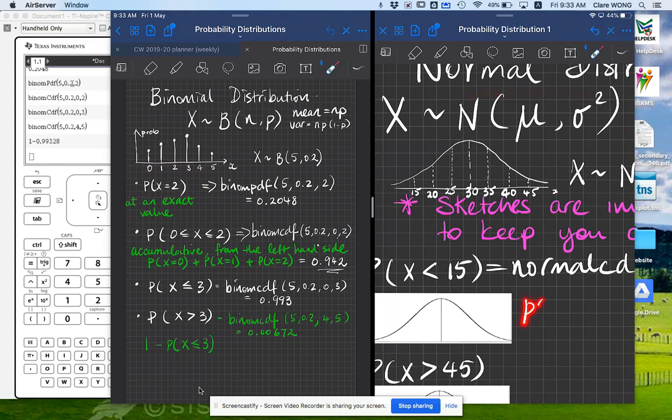The probability, for example, that x is exactly equal to 25 is 0, because you have a continuous variable and it's considered not possible for it to equal an exact value. You consider the probability to be 0. You always look at the normal distribution in the cumulative sense.